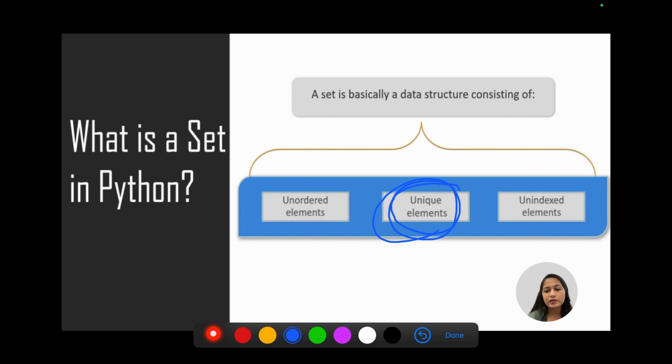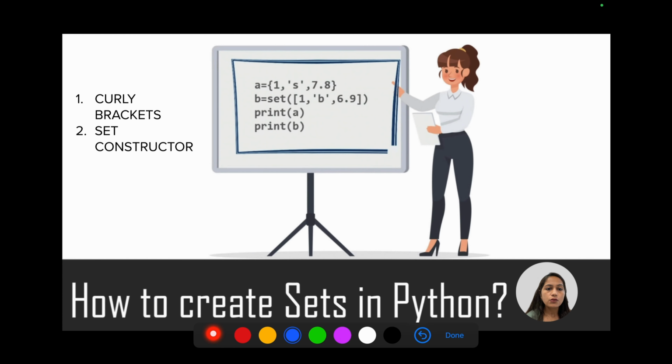We can also use the length function to find the number of unique elements in the set. So how to create a set? For a set, we use curly brackets. And if you want to convert any list into a set, just give it to the set function and it will convert it into a set.